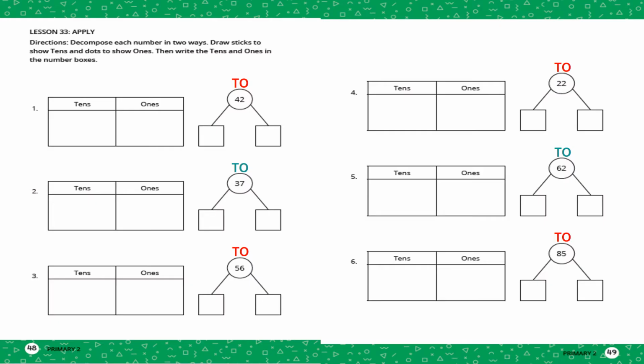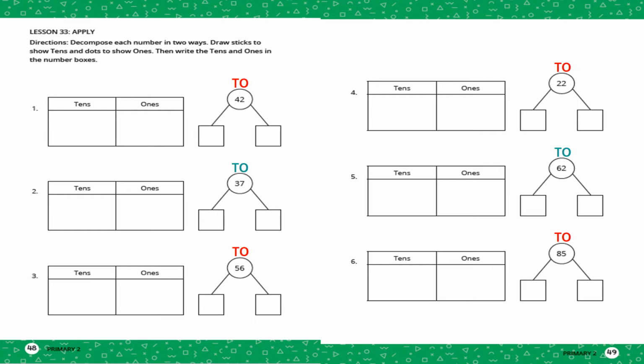Let's move to lesson 33, the apply part. Decompose each number in 2 ways. Draw sticks to show tens and dots to show ones. Then write the tens and ones in the number box. Number 1, 42. First step, put the places, ones and tens. 2 in ones, 4 in tens. First, let's draw sticks in tens, small squares or dots in ones. How many numbers do we have in tens? 4.